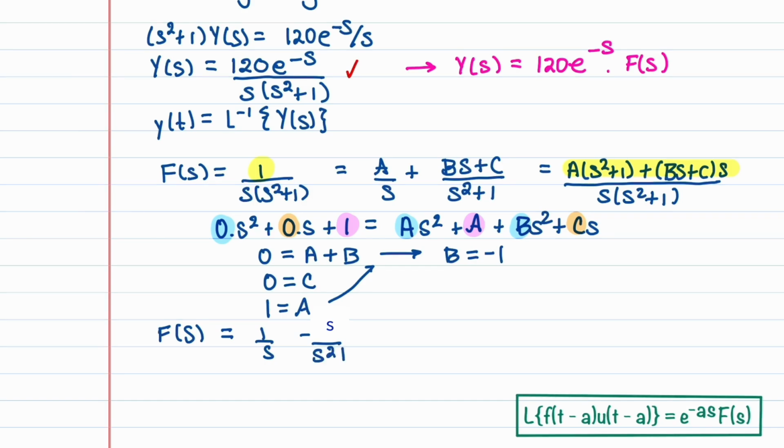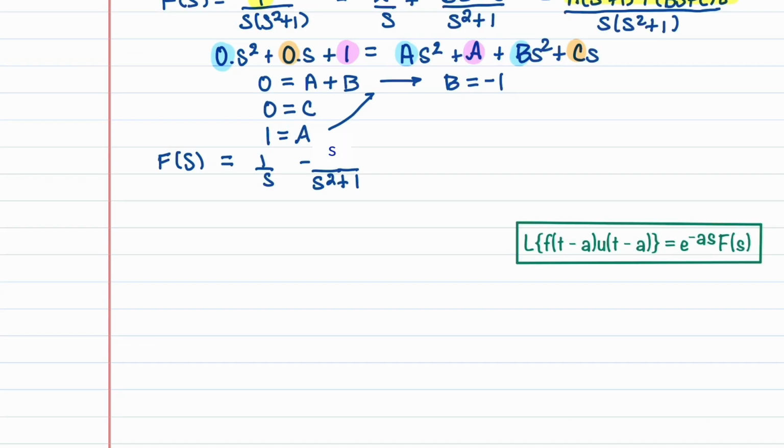This gives us our capital F of s is equal to 1 over s minus s all over s squared plus 1. Let's now rewrite our capital Y of s as 120 times e to the minus s times our F of s, which we just found to be 1 over s minus s all over s squared plus 1. Now we can find the inverse Laplace transform.